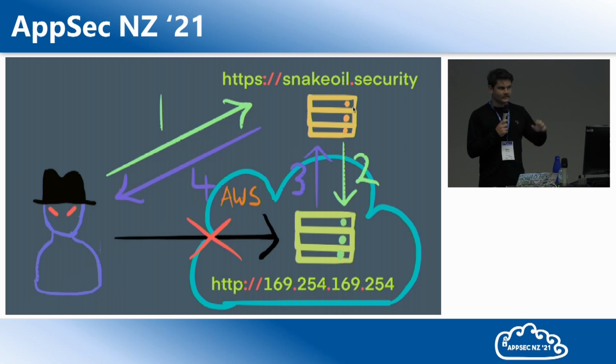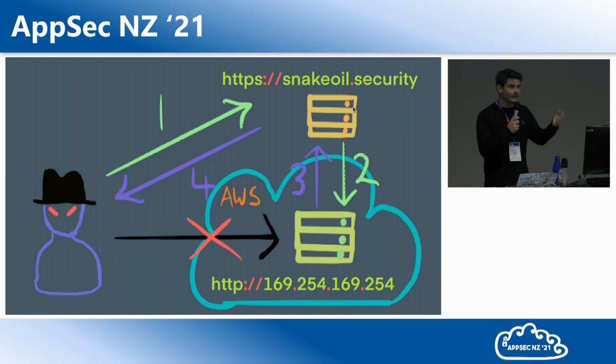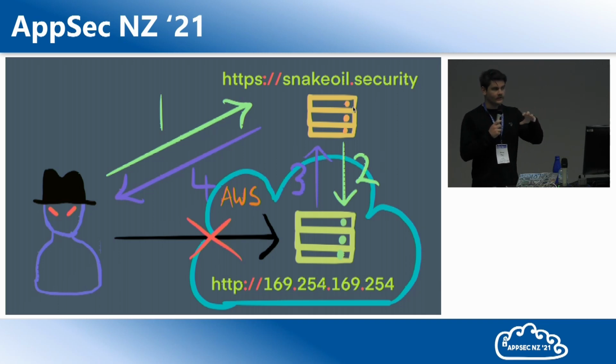It's really easy to just give something access to all the resources in your account, and it works, and you're done. But in this case, if our snakeoil.security server had access to a lot of resources and identity access management was done badly, then our malicious user suddenly has a lot more surface area and a lot more they can work with because they have access to this whole AWS environment.